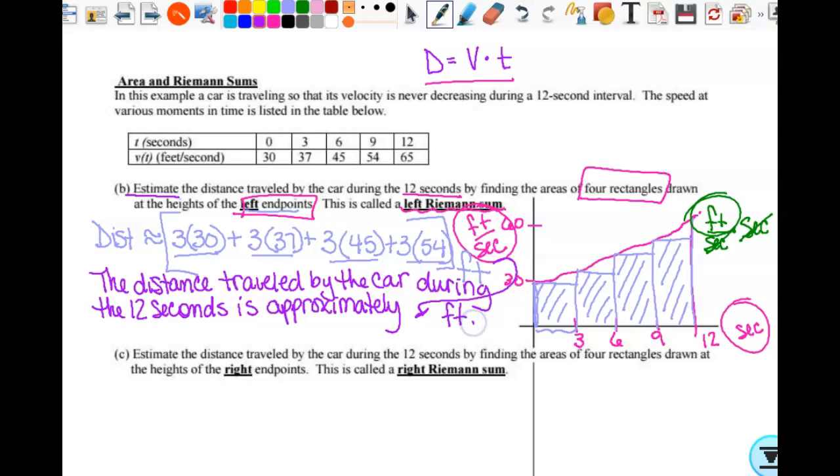Well, I probably should have done that differently. Probably should have said this is the distance, approximately, sorry. I was writing it like I had an answer. But the point there is that you have to say approximately. Okay, so here, for left Riemann sum, I want you to write height of left side of rectangle.